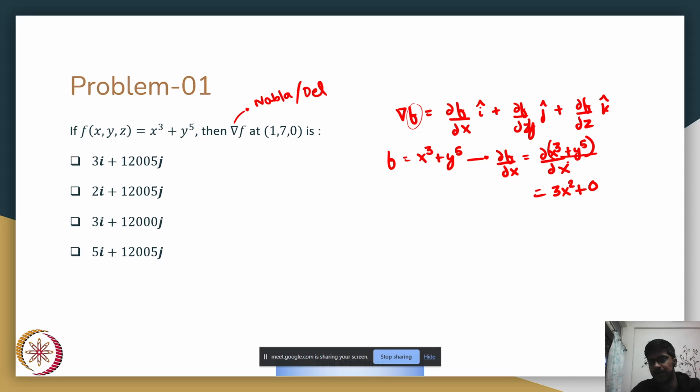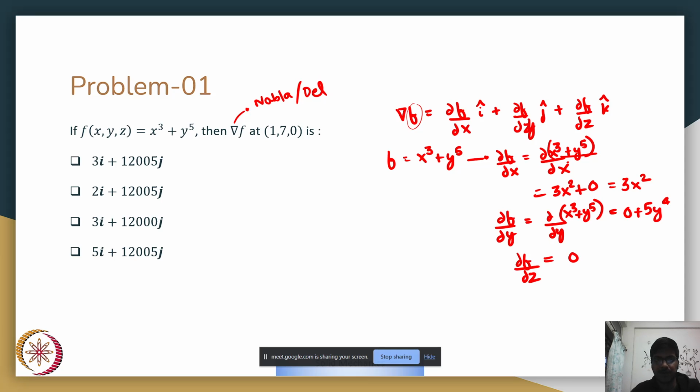So here there is no term involved because of y. Similarly, the partial derivative of f with respect to y would be nothing but 0 plus 5y to the power 4. And f doesn't contain any term with z in it, so the partial derivative of f with respect to z is 0.